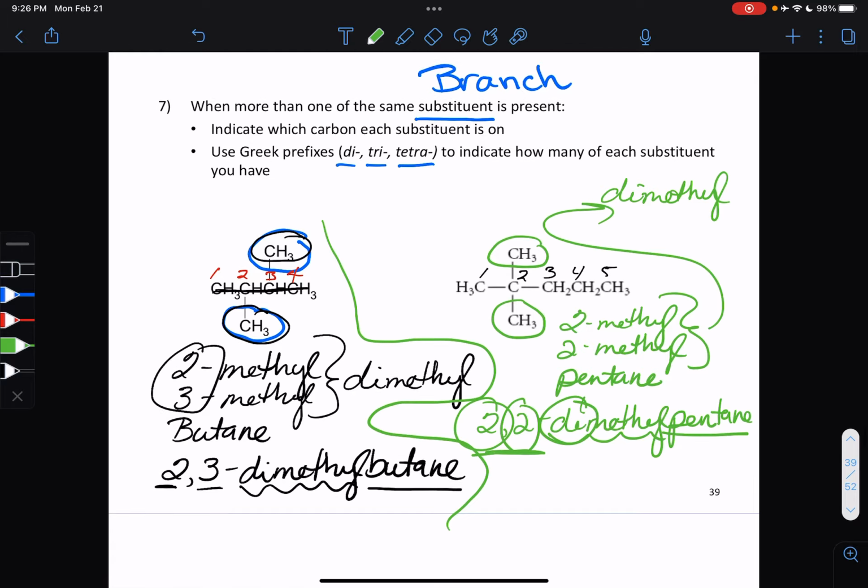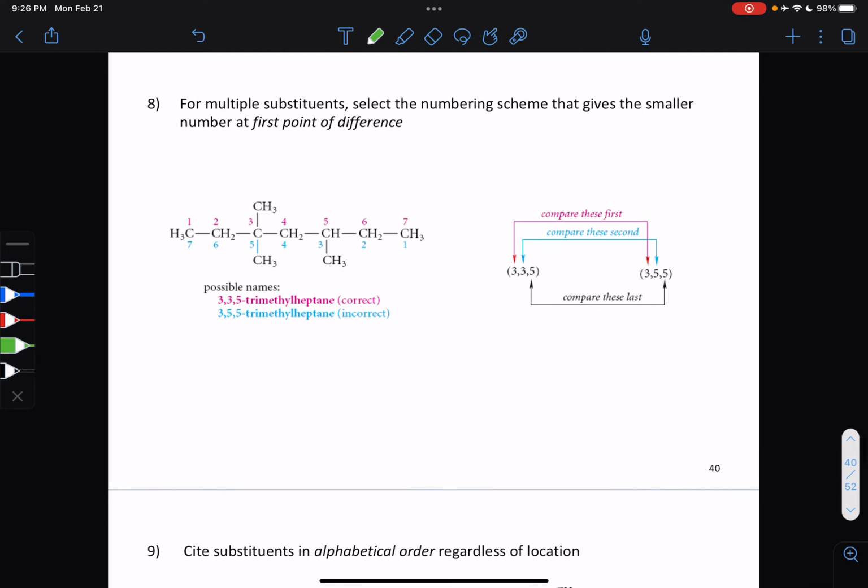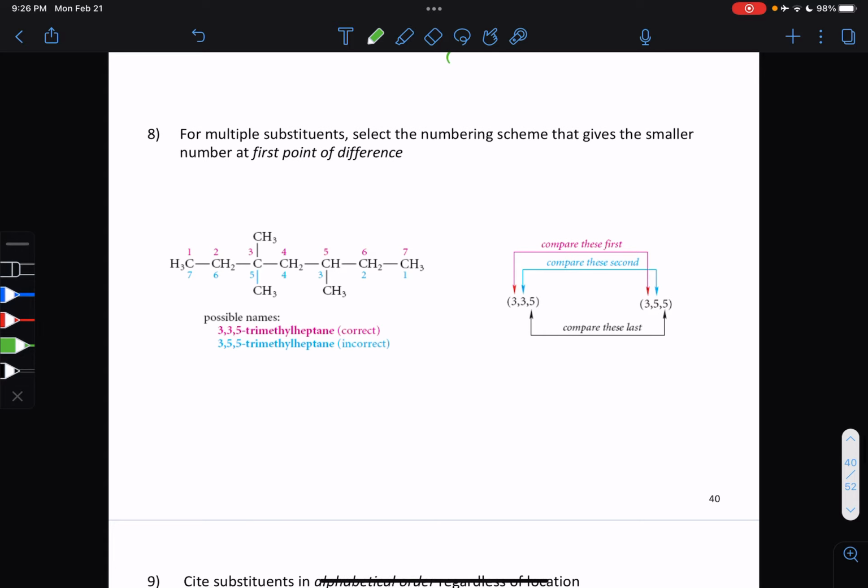Okay, moving on. Number 8 says, for multiple substituents, select the numbering scheme that gives a smaller number at the first point of reference. Okay, so taking a look at the molecule here, there's a couple of directions that we could number the chain.